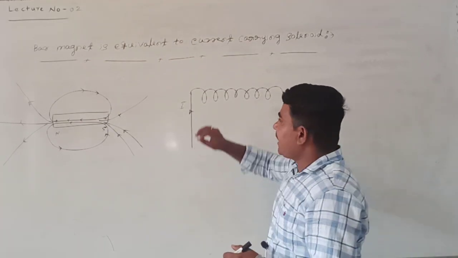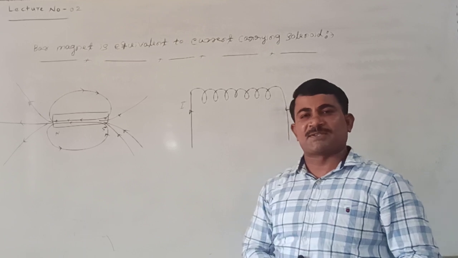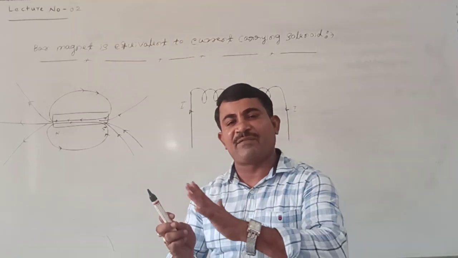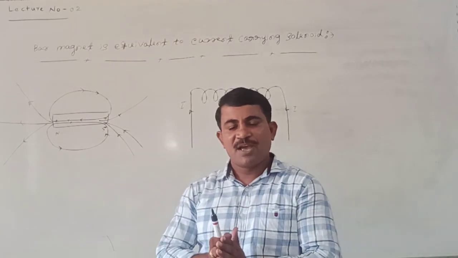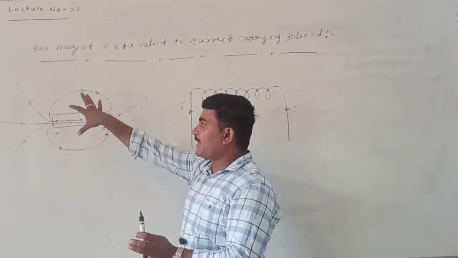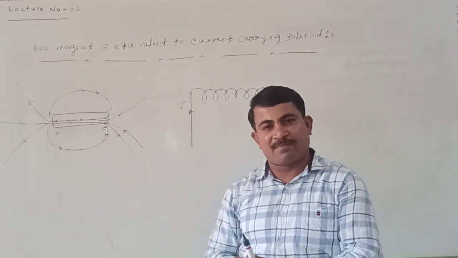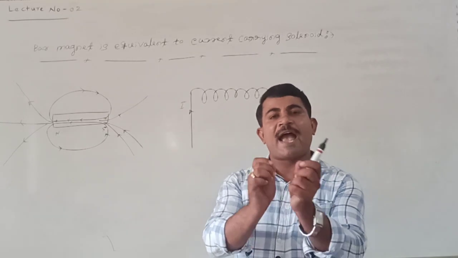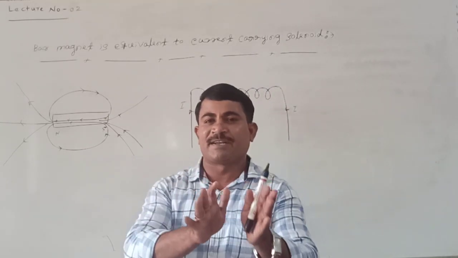If you spread iron pieces around this current carrying solenoid, they will arrange in a definite way. In the same pattern that the magnetic field exists around the given bar magnet, the iron filings are arranged around the current carrying solenoid.